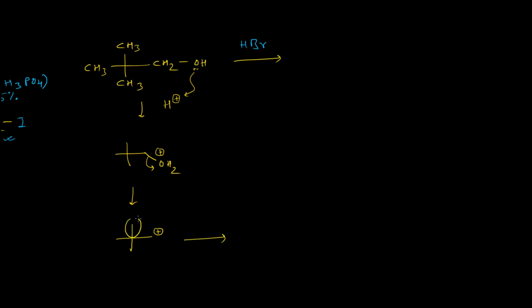And then what will happen? This methyl group will shift via a 1,2 shift, thereby producing a more stable tertiary cation.